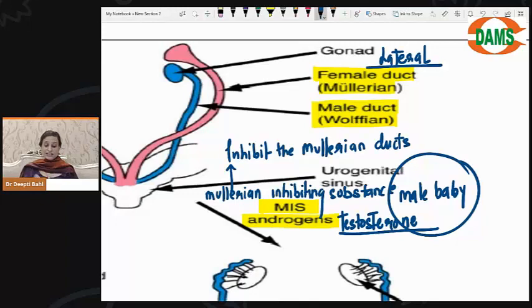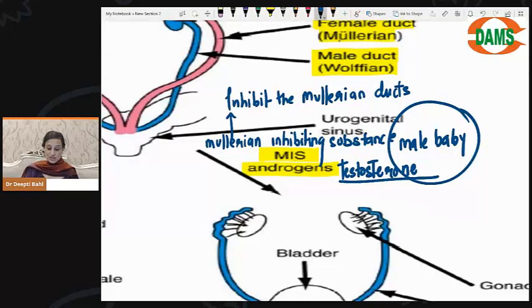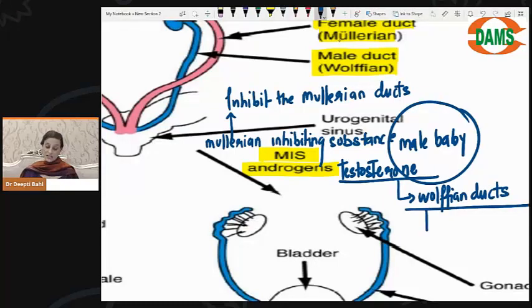The testosterone, once released, is going to do what? Testosterone is going to act on the Wolffian ducts, and it will convert the Wolffian ducts into male internal genitalia. So I repeat, the male baby will release two very important male hormones, the Mullerian inhibiting substance and testosterone.